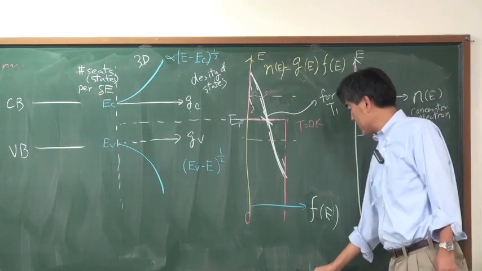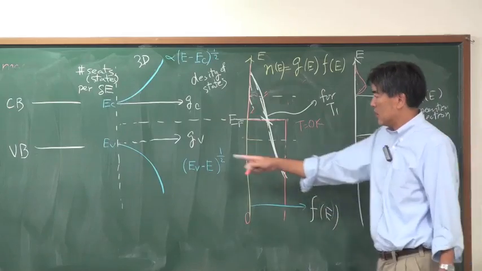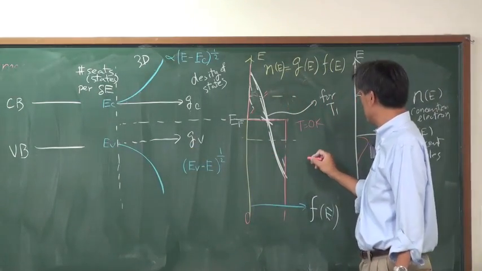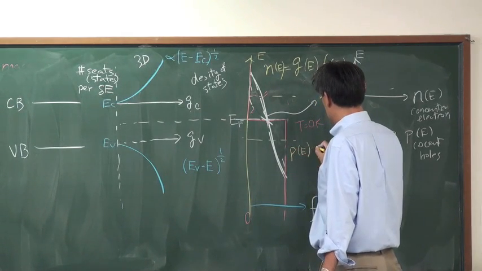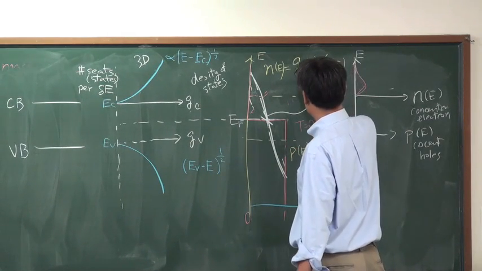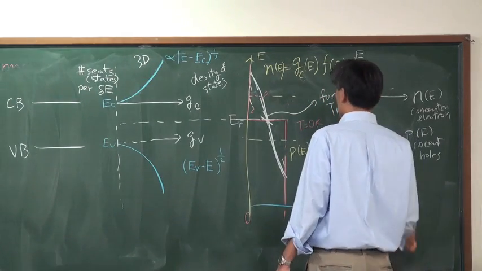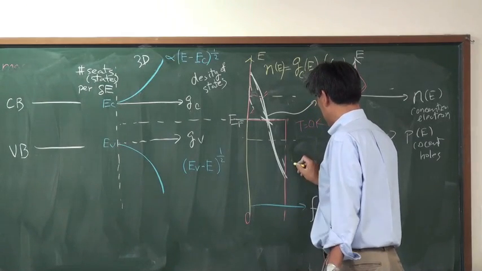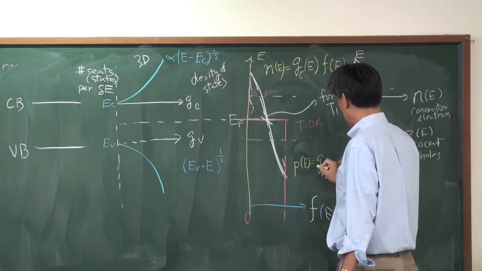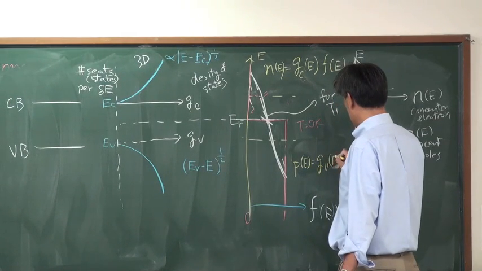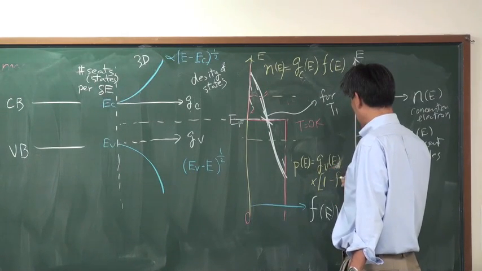And the probability of finding holes also looks like this. Because the hole concentration p(E) is given by G sub valence band E, the valence band density of states, times 1 minus F(E).